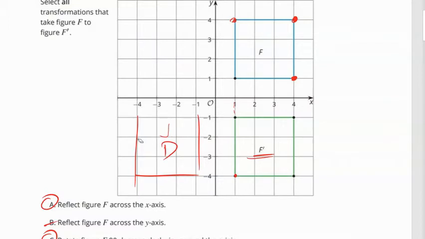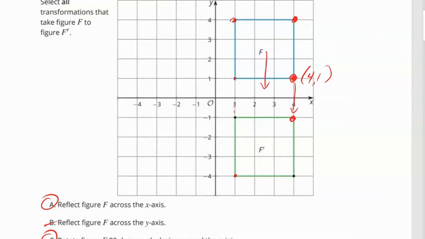All right, option E, translate figure F so that 4, 1, so they're giving us a point here, goes to 4, -1. Let's test that theory. We have 4, 1 right here, right? And they say to go to 4, -1. So that means this figure, F, moves down until this point maps onto that point.